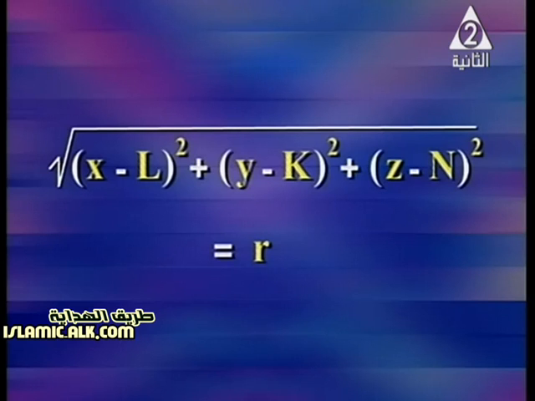(l, k, n) is the center of the sphere, and r is the radius. What is the radius? The distance between the center and any point on the sphere is called the radius. This is constant. Then the equation of the sphere is the square root of (x - l)² + (y - k)² + (z - n)² equals the radius r.